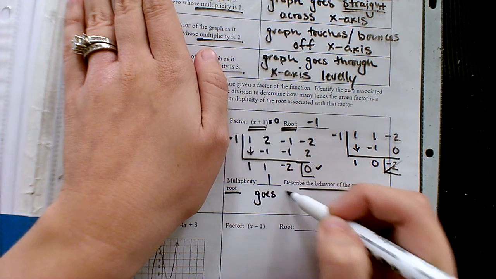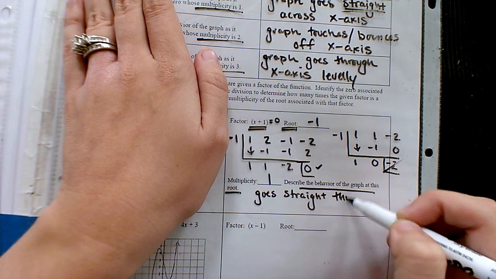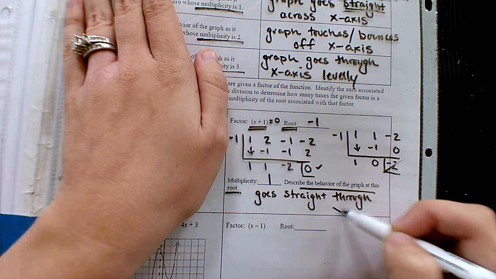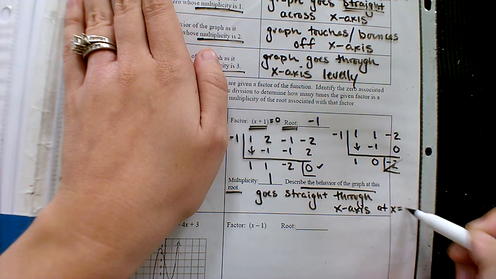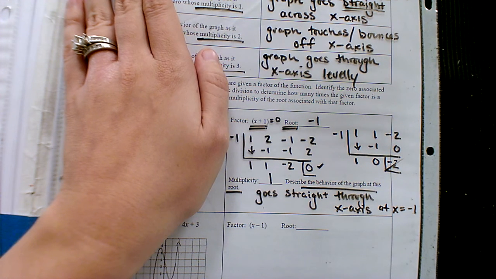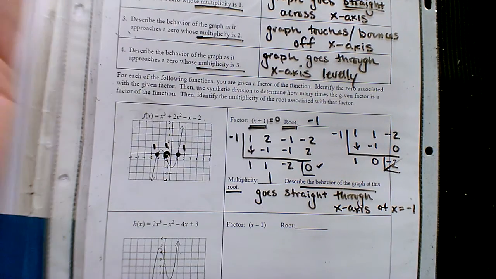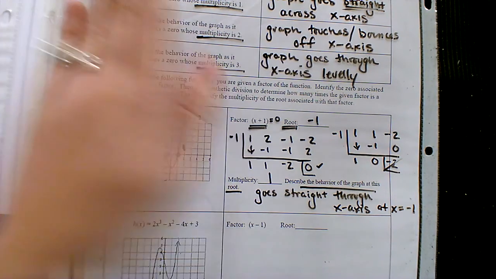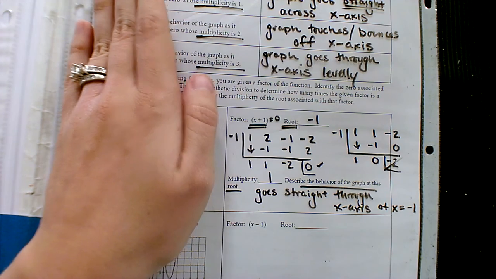Goes straight through the x-axis at x equals -1. If we look at the graph, that's exactly what it's doing. But notice how we were able to conclude that by hand using our synthetic division.